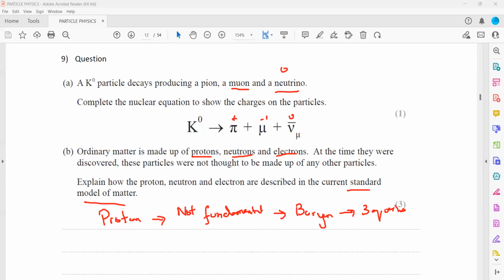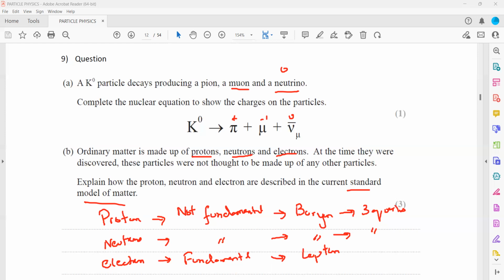Same thing for a neutron. A neutron is also not fundamental. It is also a baryon and it also consists of 3 quarks. But what about the electron? The electron is a fundamental particle which belongs to the family of leptons, and it has no internal structure.